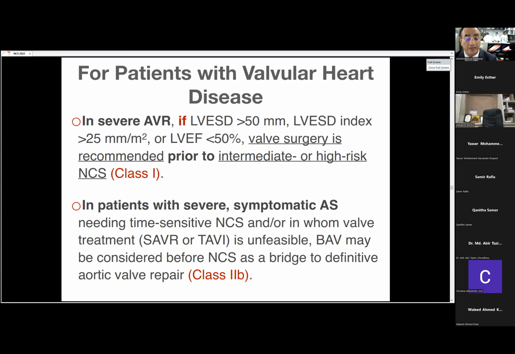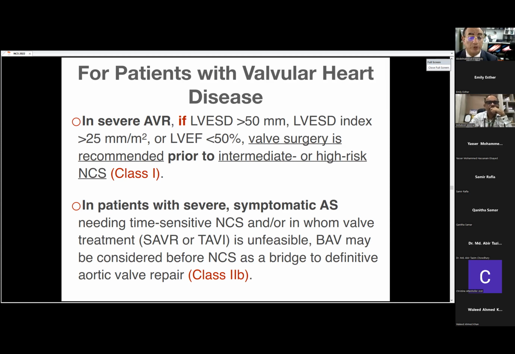But if there is significant severe mitral stenosis, mitral regurgitation, severe aortic stenosis, or severe aortic regurgitation, for a patient going to elective non-cardiac surgery, you have to do intervention for the valvular lesion before the procedure.